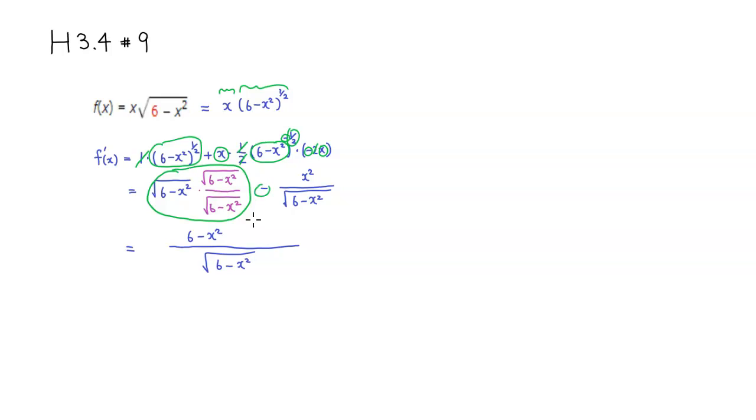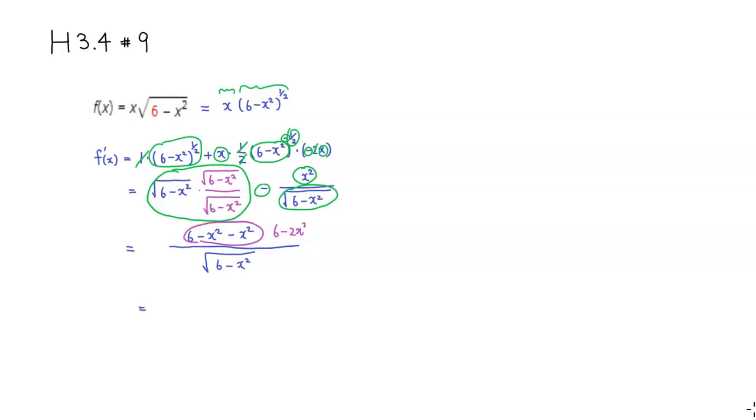Then you have a minus x squared, and we already took care of the denominator. So this is going to be just 6 minus 2x squared. I'm going to pull out the 2 because they're both even numbers.